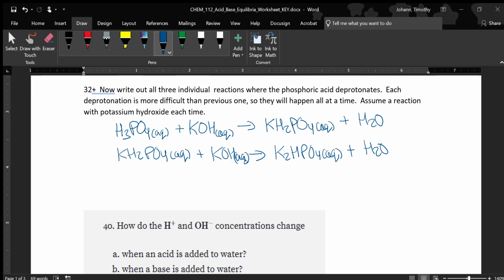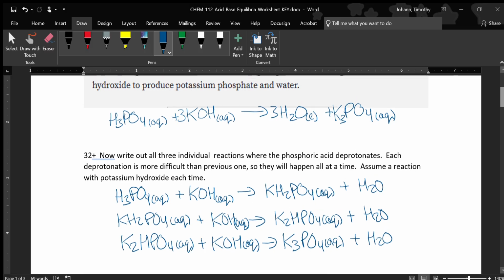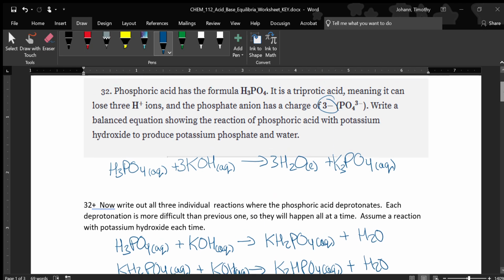And then finally, K2HPO4 aqueous is going to react with a KOH aqueous, and that's going to give us K3PO4 aqueous plus a water. Those are the reactions we would write out, and if you add them together, which I'm not going to do here, it'll give us that reaction up at the top.